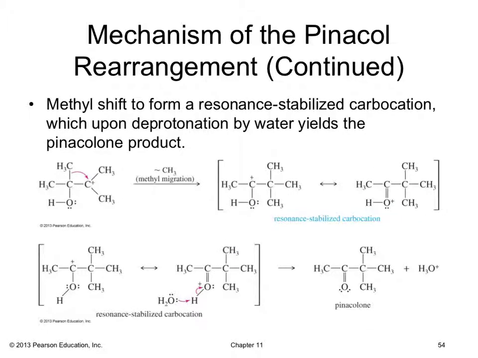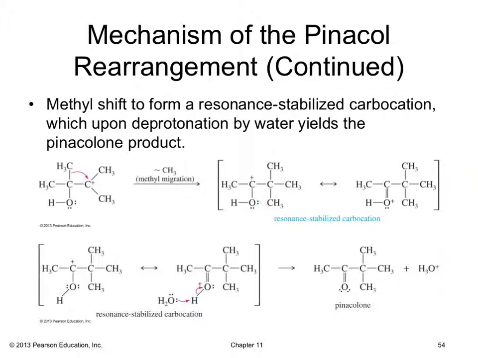Once the carbocation forms, you have a methyl shift. This methyl group will move over, right over here, forming the carbocation where the alcohol is. And it forms essentially a resonance stable carbocation, right? So there's resonance occurring here.